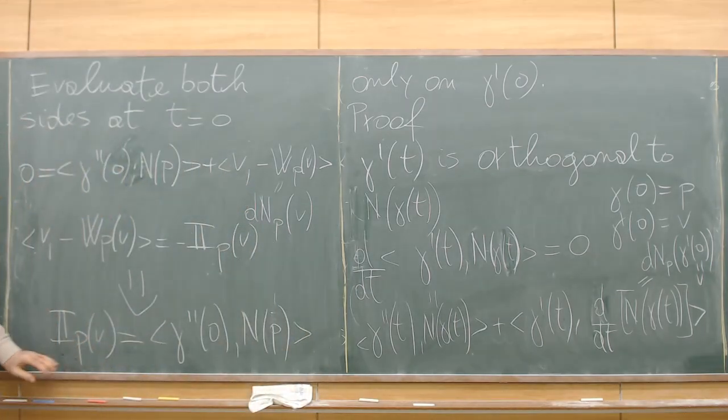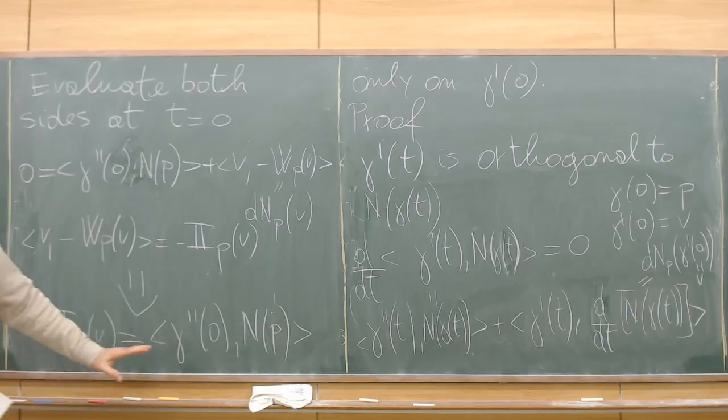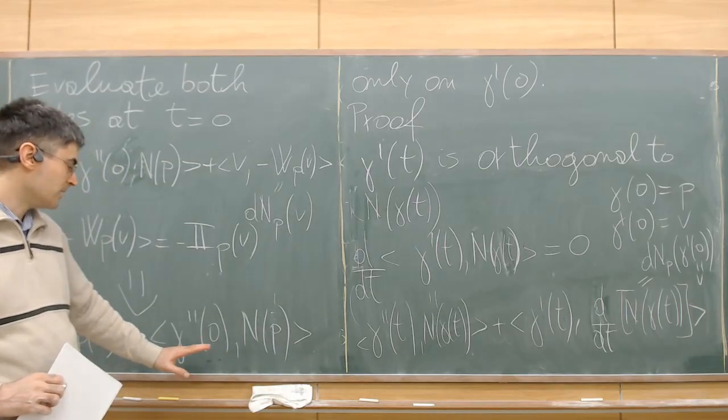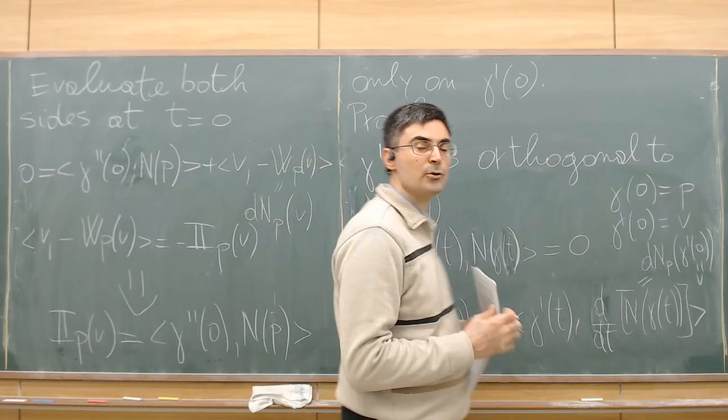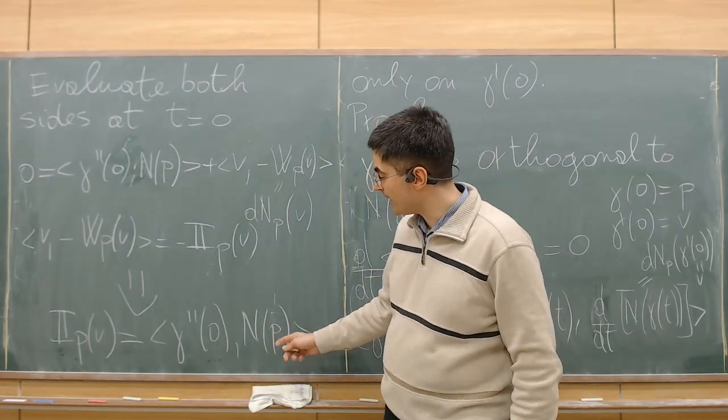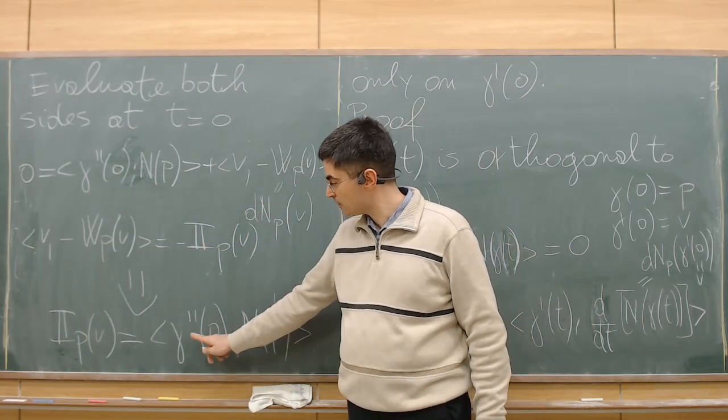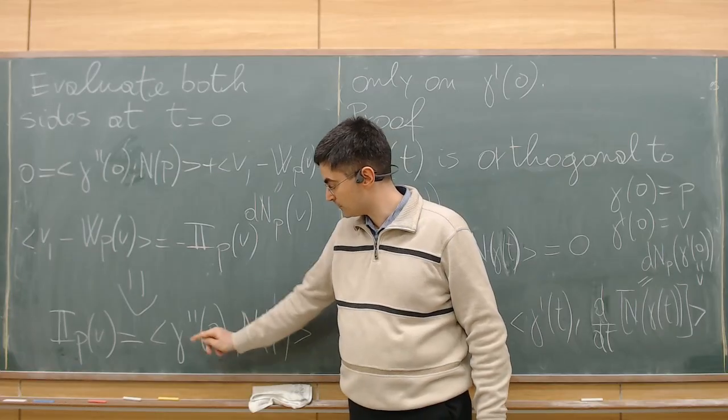So we prove this formula. This formula justifies the name of normal curvature, which we gave to the left-hand side. Because here we take the normal component of the initial acceleration vector.